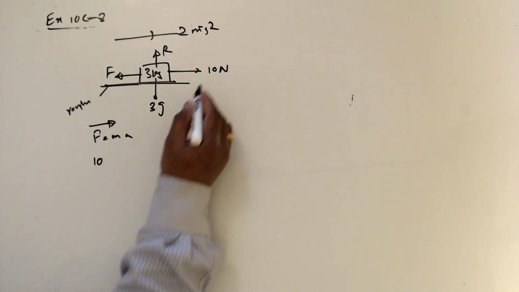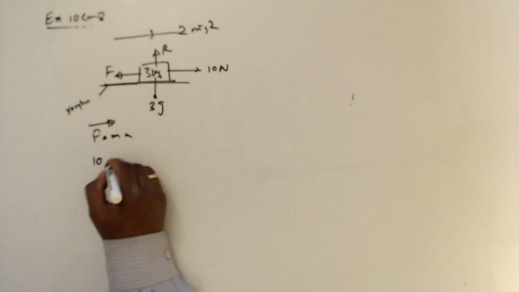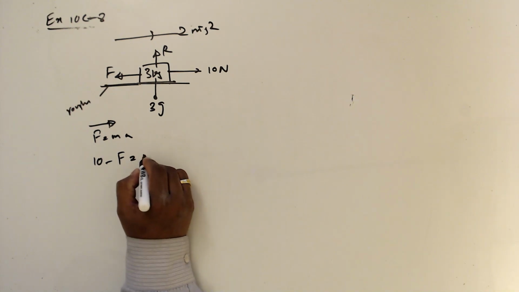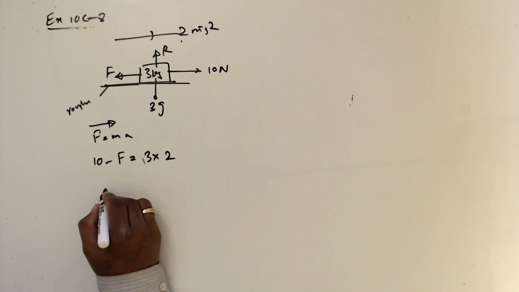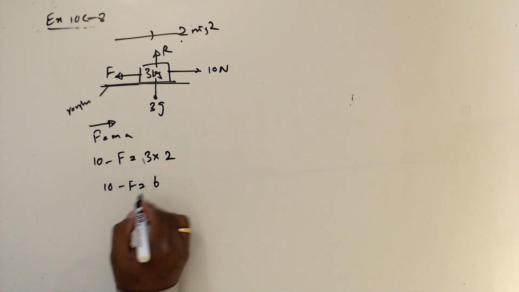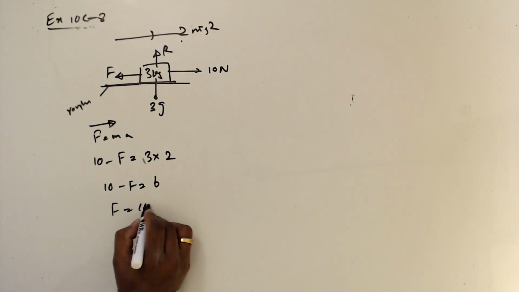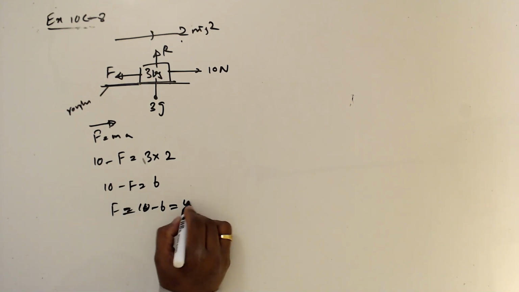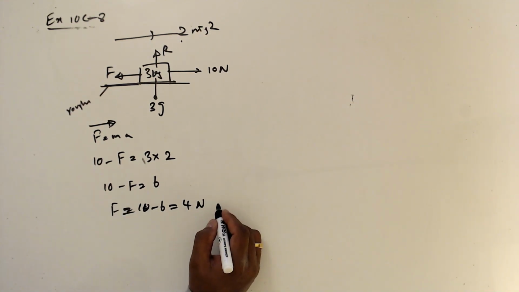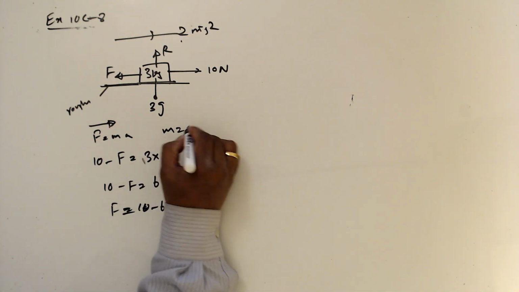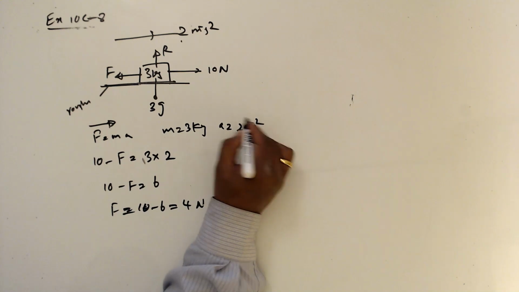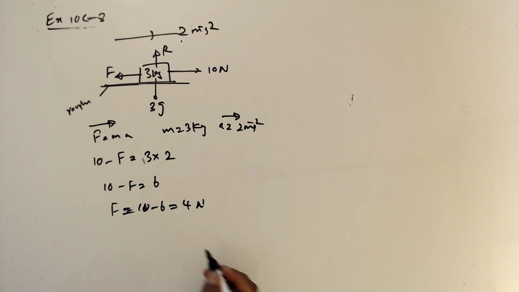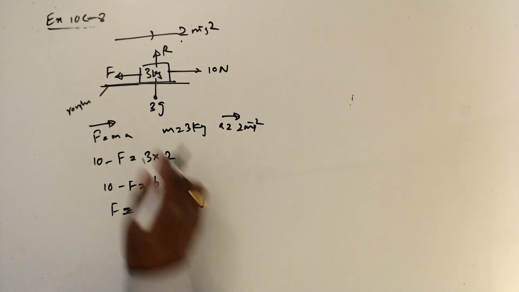So this is 10 positive direction, then minus F equals m, which is 3, times a, we know now this acceleration, 6. So 10 minus F equals 6. So F equals 10 minus 6, that is 4 Newton. So m equals 3 kg and a equals 2 m/s² in this direction, and the answer is 4 Newton. The friction force is 4.